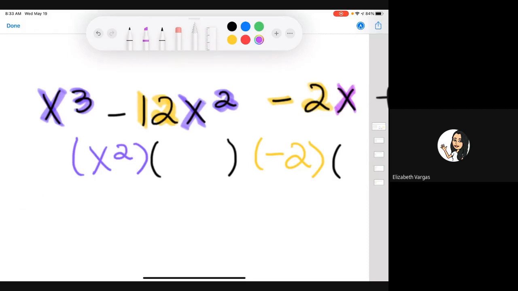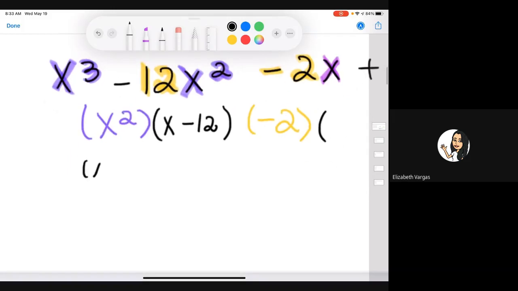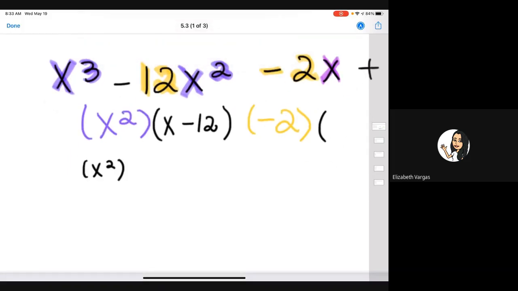So x squared. How do I go from x squared to x cubed? I just multiply an x. Okay. How do I go from x squared to -12x squared? I just multiply a -12. What I'm actually doing here, if you're not 100% sure, is I'm saying, what do I need to multiply to my factor to give me my expression?